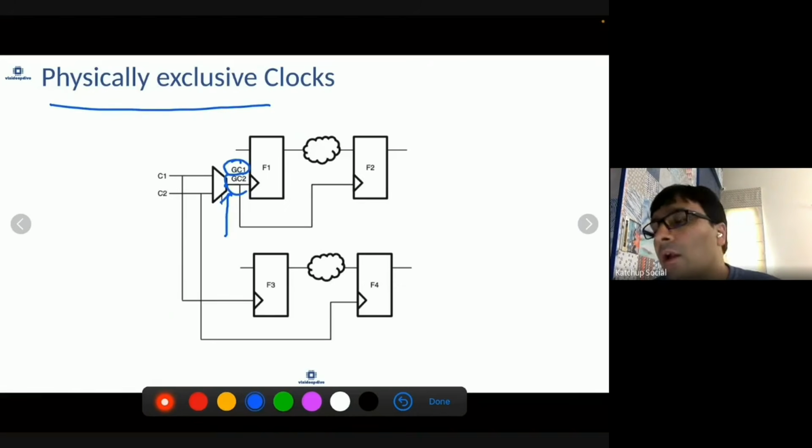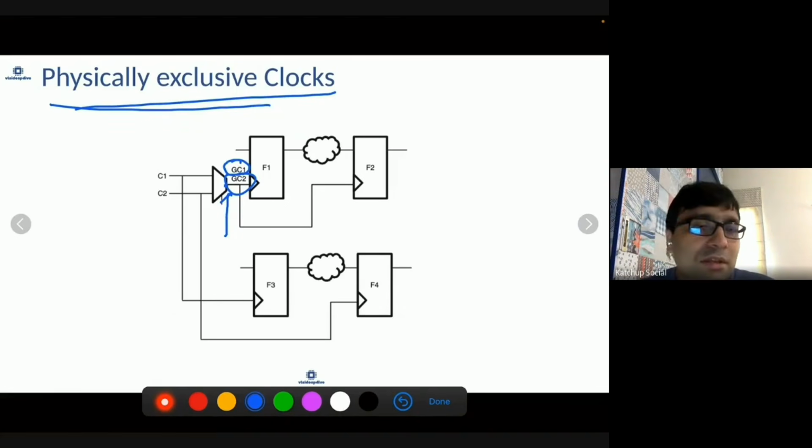At any point of time, in real silicon, either GC1 will be present or GC2 will be present. The same net cannot have more than one clock. So these clocks are physically exclusive because physically only one clock is present. If you tell STA that these clocks are physically exclusive, it will not time paths between these two.